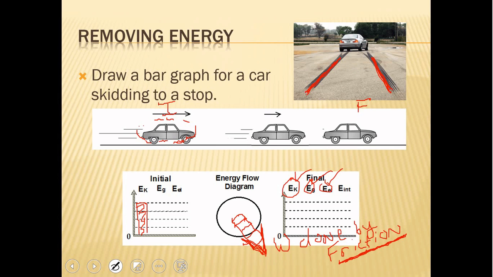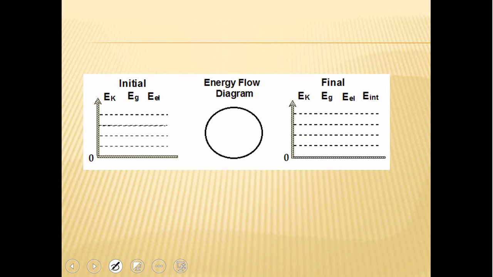So it shows energy leaving. Now, I'm going to show the alternative way, and a lot of you don't like that we have 2 ways. The other way we could do this is to define the system as car and road. Now, if we define it as car and road, we start off as kinetic like this.